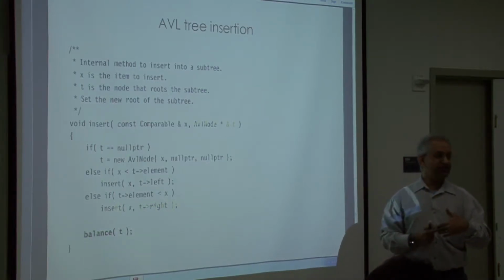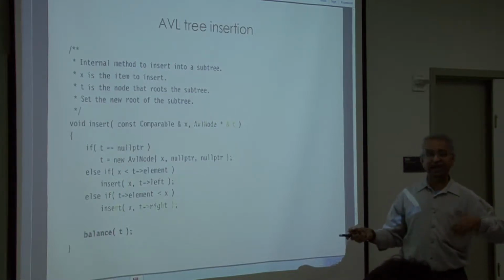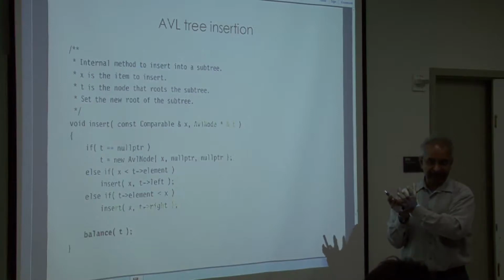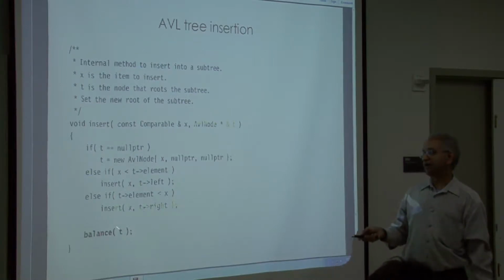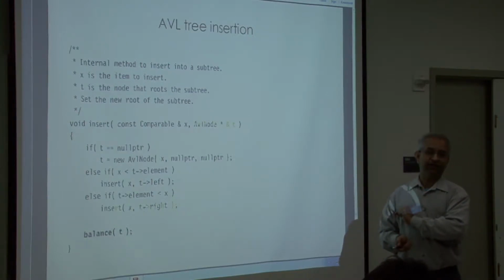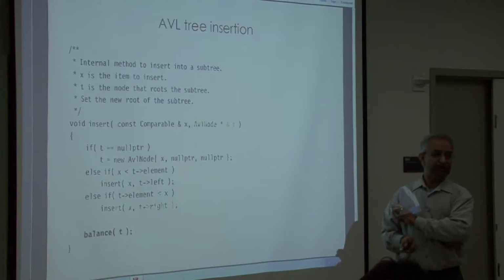And therefore, even though you are invoking this balance function H times, it's H times a constant, which is order H. This is why deletion, we haven't looked at the code of deletion in detail, but we'll still do that in a moment. But the net result is that the overall complexity of both insertion and deletion is order log n, and therefore we can sort n keys in n log n time. Okay?